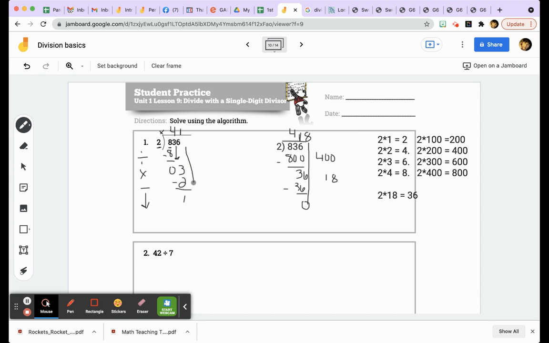And I bring down the next number. I bring down the 6, and I write the 6 next to the 1. So now I need to start my steps all over again. And I'm going to divide 2 into 16, and that's going to go 8 times. 8 times 2 is 16.